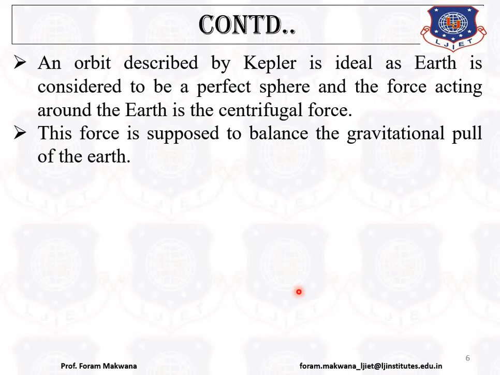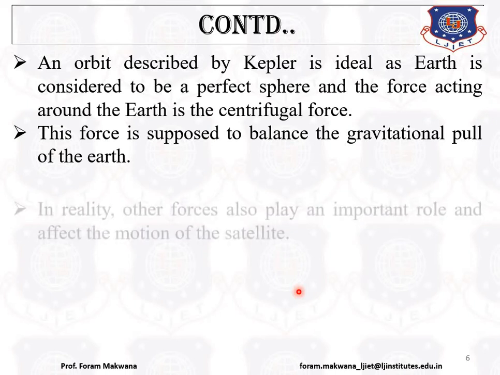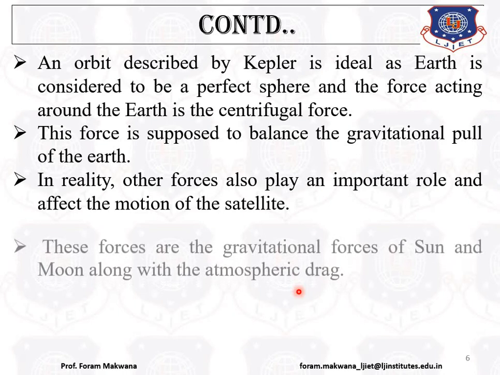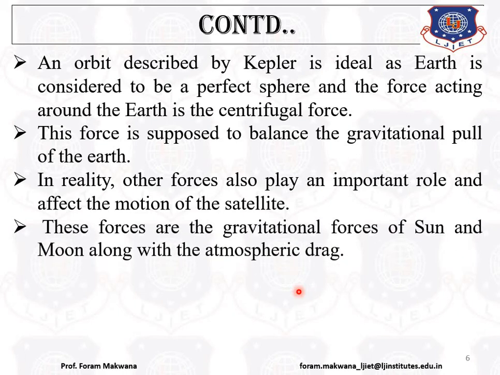So, the force acting around the Earth is centrifugal force, and this force is supposed to balance the gravitational pull of the Earth. This force also plays an important role which affects the motion of the satellite.